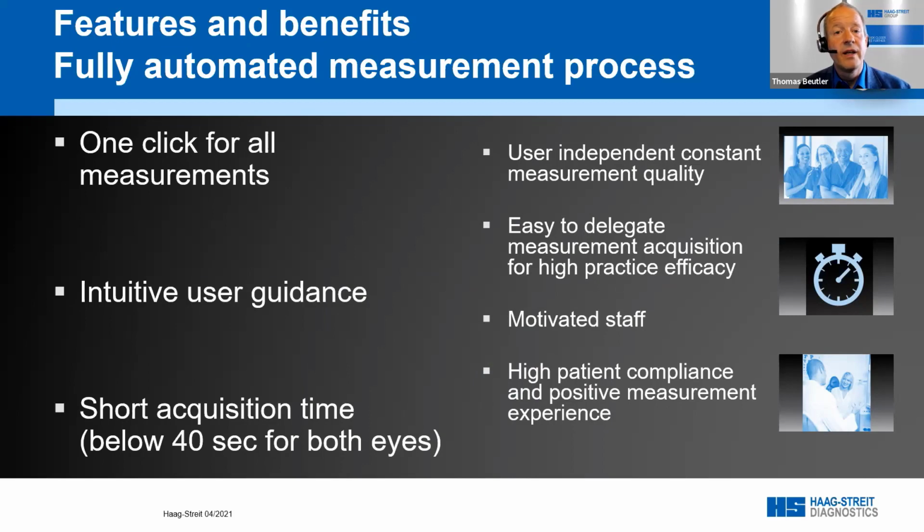The device moves itself internally, so there's no external motion there. So the patient is always safe, feels relaxed. It's easy to delegate, so independently of the skills of the technical staff using the device, you always get the same quality. And the patient compliance improves because the whole thing is so quick. Below 1 minute, everything is done.